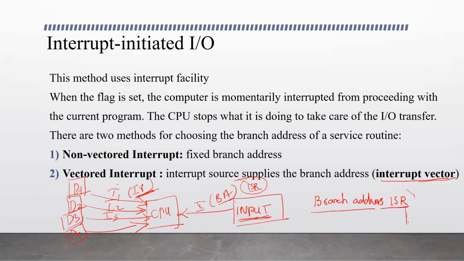And vectored interrupt: in this, the branch address is not in a fixed location in memory. The branch address is supplied by the interrupt source. The device that initiates the interrupt also supplies the branch address where that interrupt service routine is stored in memory. This branch address we call the interrupt vector.